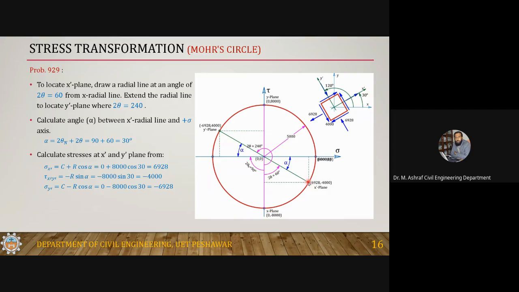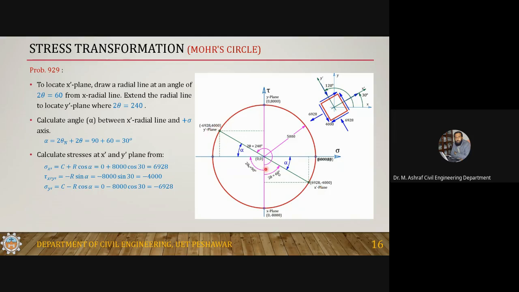So this is the plus 30 plane and this is the plus 120 plane. If this is x prime, this will obviously be y prime plane.